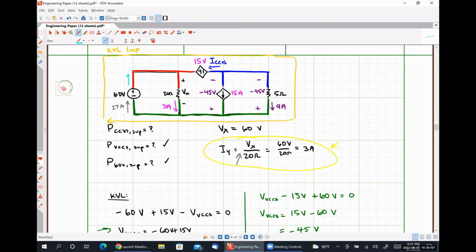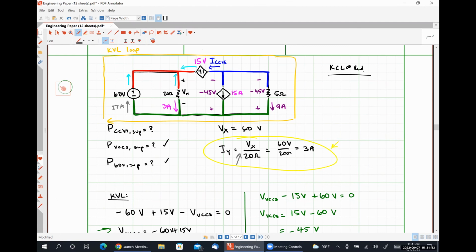So this current is entering the red node. This current is entering the red node. And this current is entering the red node, okay? I'm going to tuck this in up here at the top so that we can actually see what's happening.